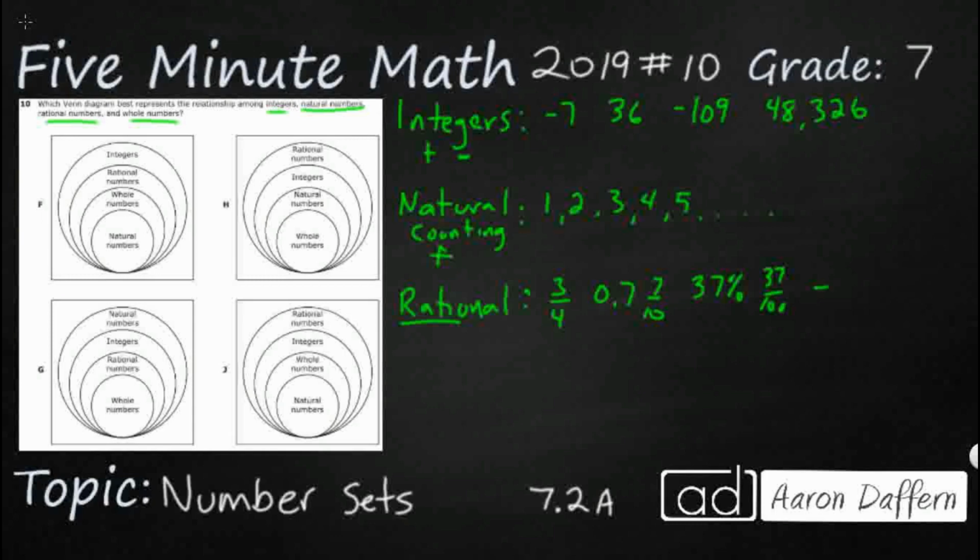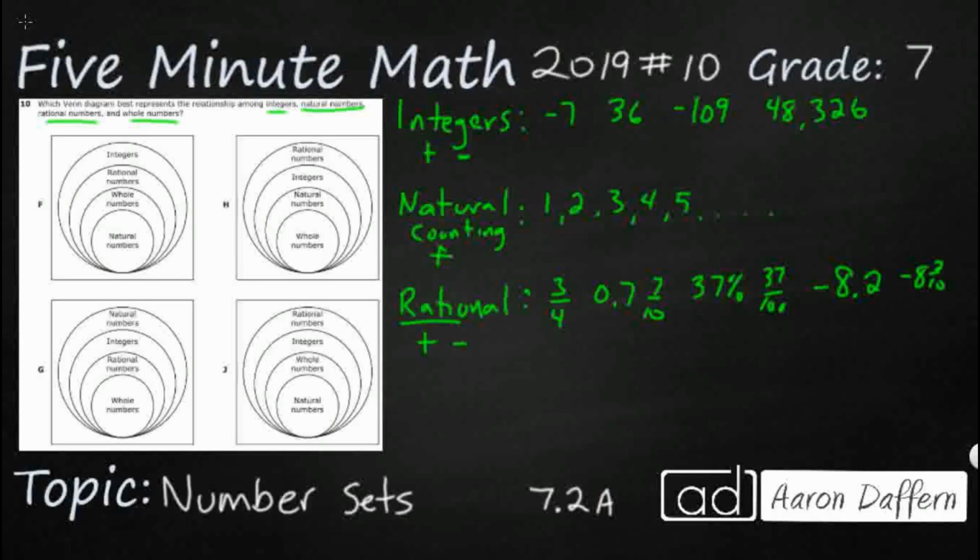We've got negative numbers as well, so -8.2 would work, because I can change that into -8 2/10. So rational numbers include fractions, they include decimals, they include percents, they could be positive and they could be negative. So that's going to include a whole bunch of stuff.